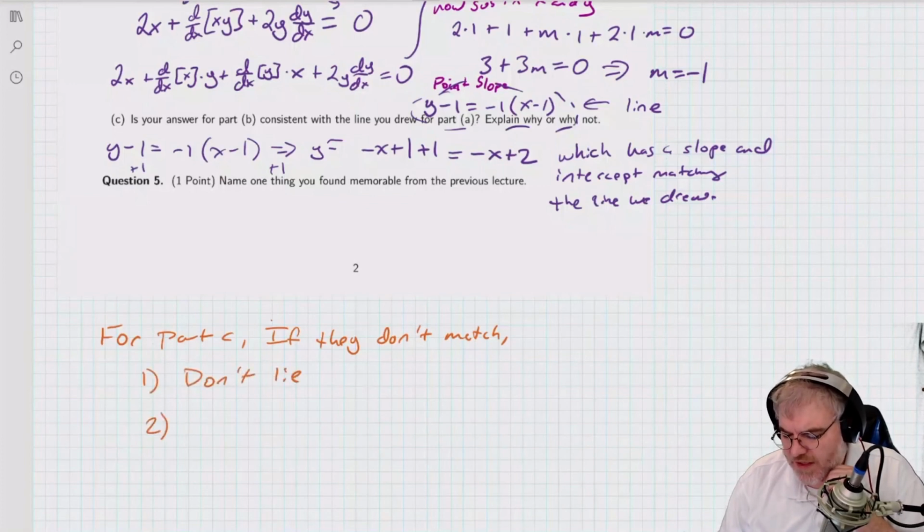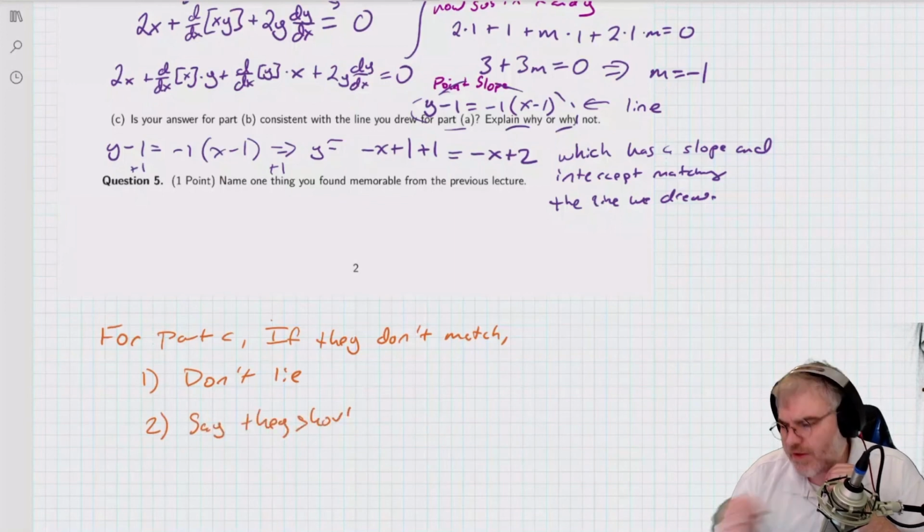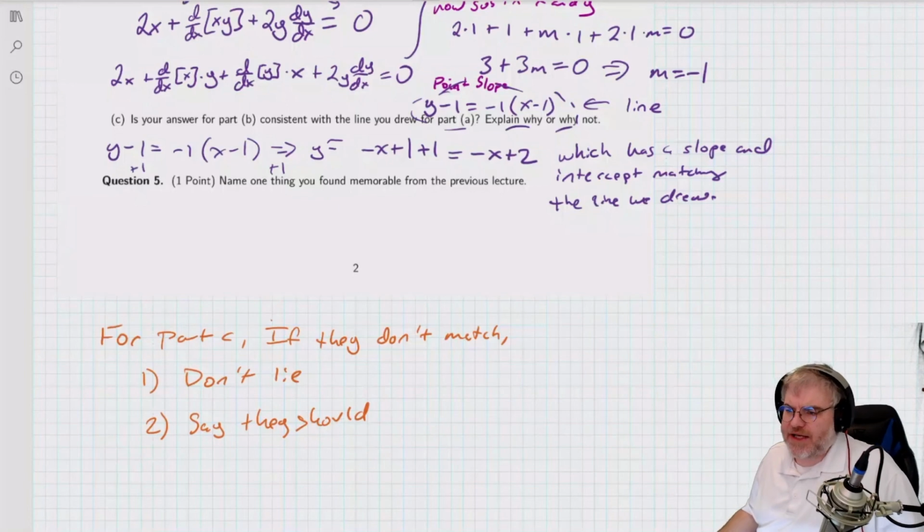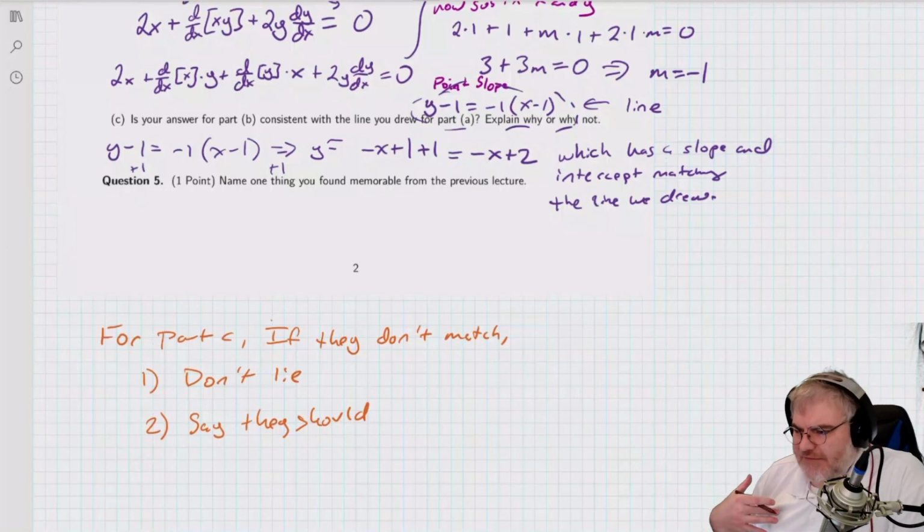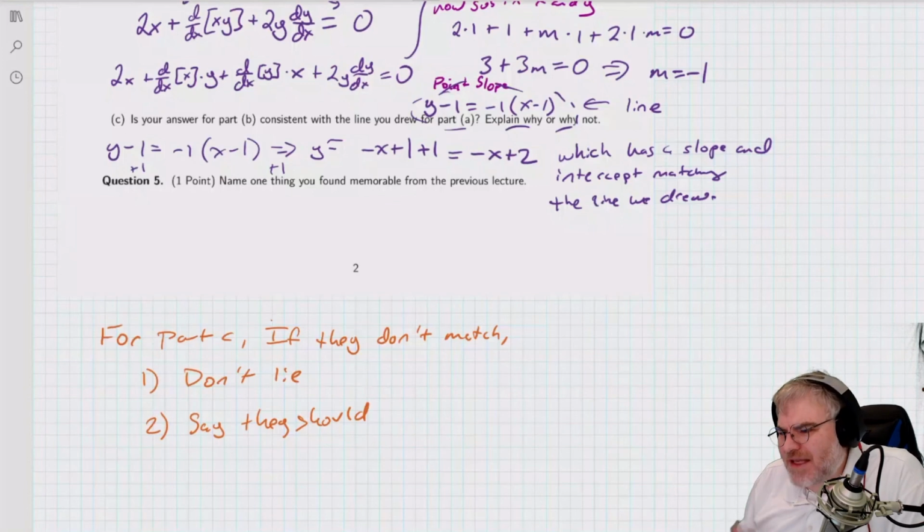And two, say they should. Now, in the past, I don't know how this one will get graded, but in the past, if such a question appeared on the test, it did last year, if you say they don't match and that they should, and that you messed up somewhere and your mistake was in here, that's actually worth something. We usually give a point back.